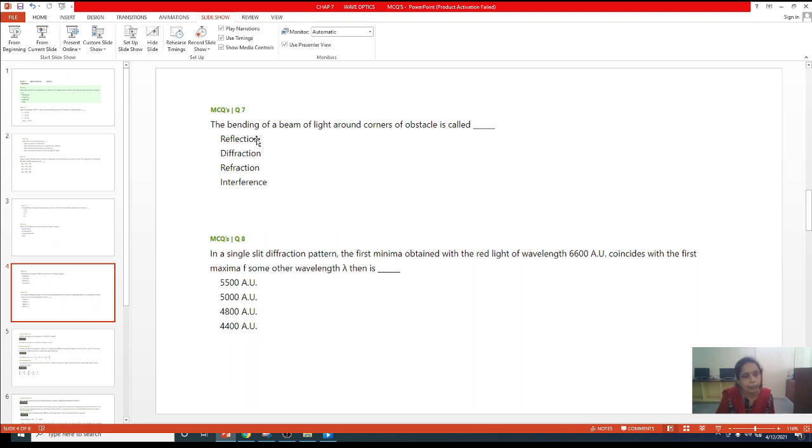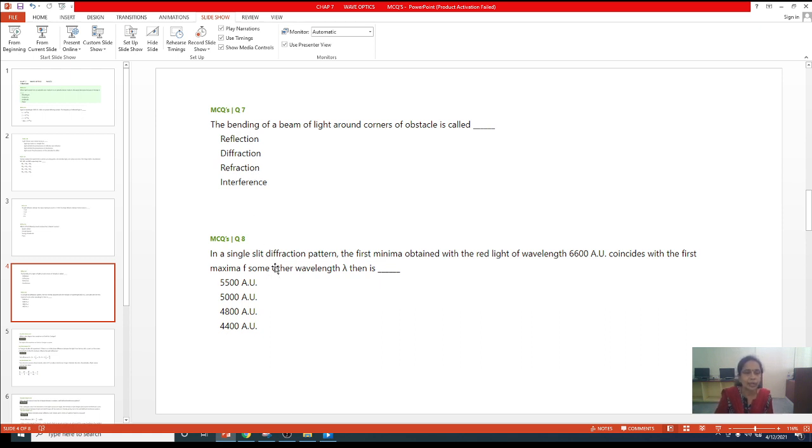Next, the bending of light around the corners of an obstacle is called refraction, diffraction, reflection or interference. This is the straightforward definition. The bending of a beam of light around the corners of an obstacle is called diffraction.